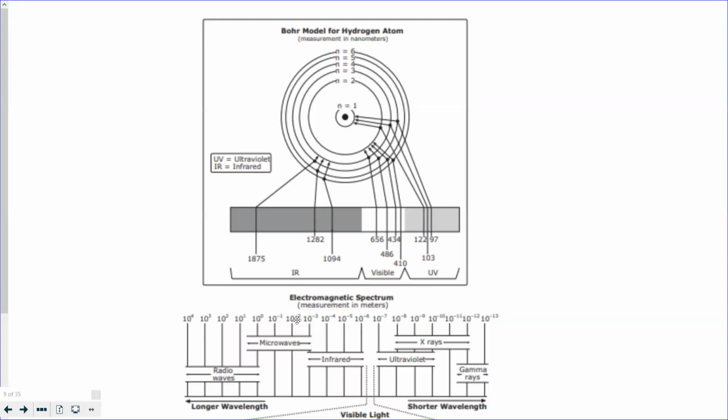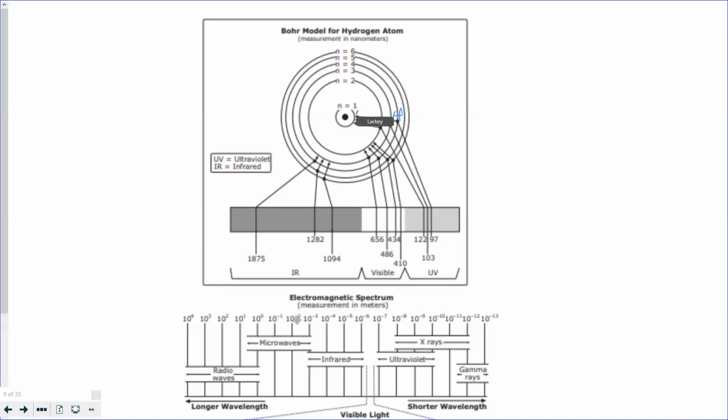What you're going to have to be able to do with this part of your reference sheet is read a Bohr diagram or interpret Bohr diagram questions. So like I said, each of these lines is an electron transition. This line over to the far right is saying that we're starting at n equals 4 and going down to n equals 1.